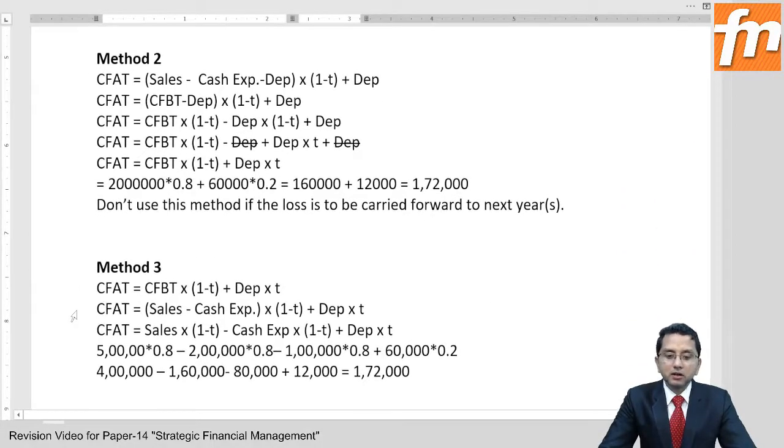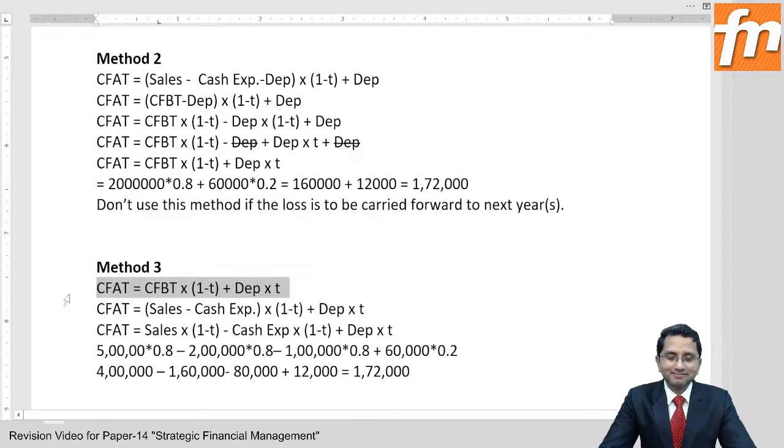Now there is a third method also. Third method is nothing but expansion of second method. This is your second method, right?